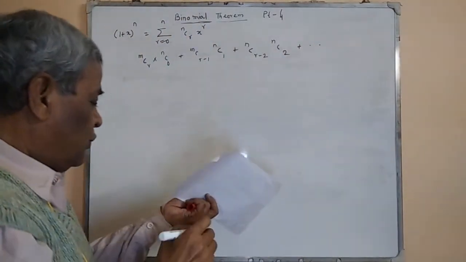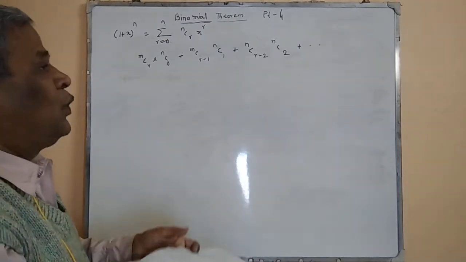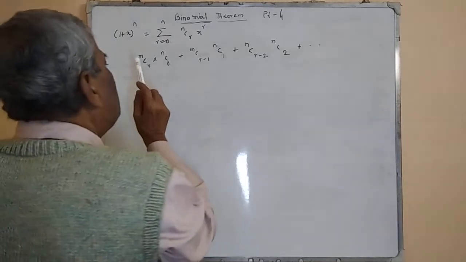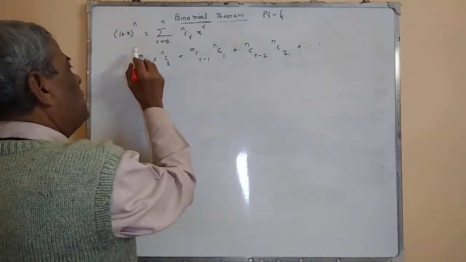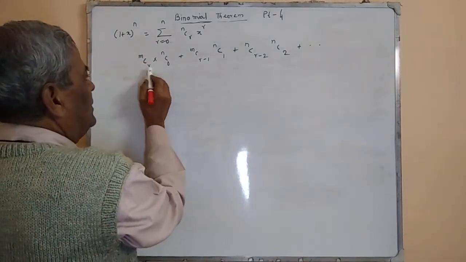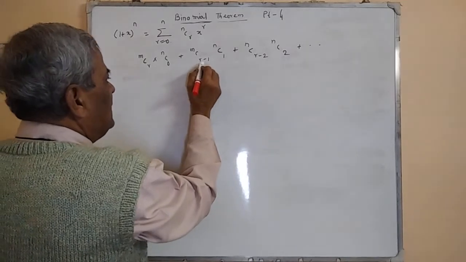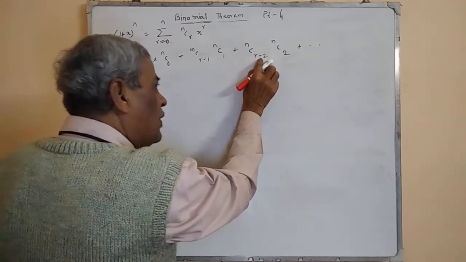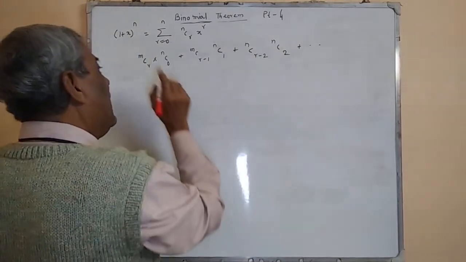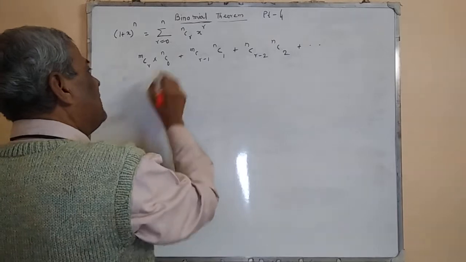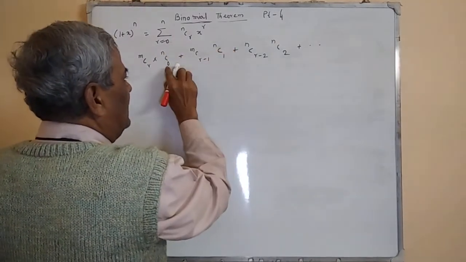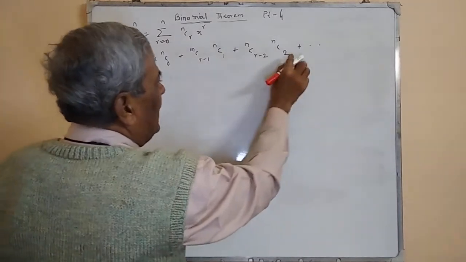Okay, this is also a binomial series, but here the suffix of the first binomial coefficient is r, then in the next term it is r minus 1, decreased by 1 once again. And in the second factors nC0, nC1, the suffix is increased by 1.